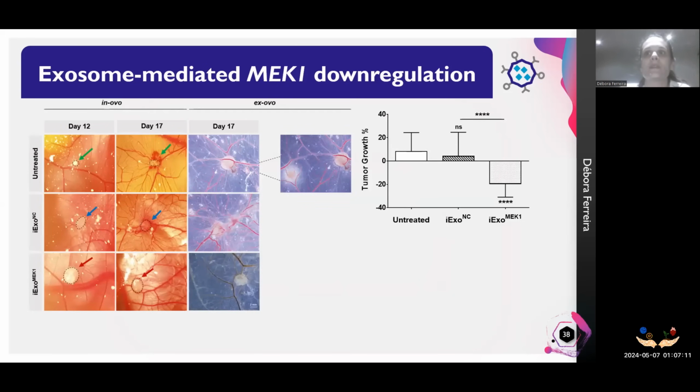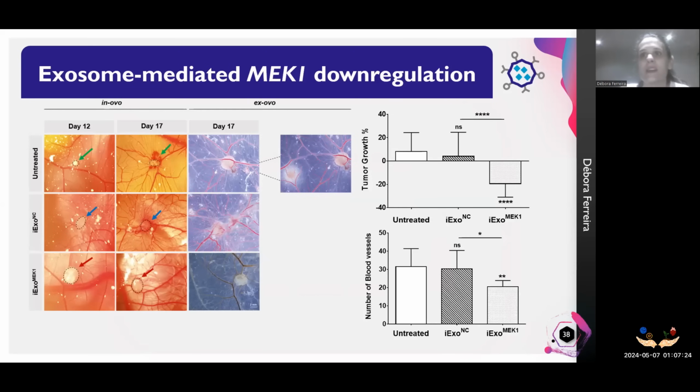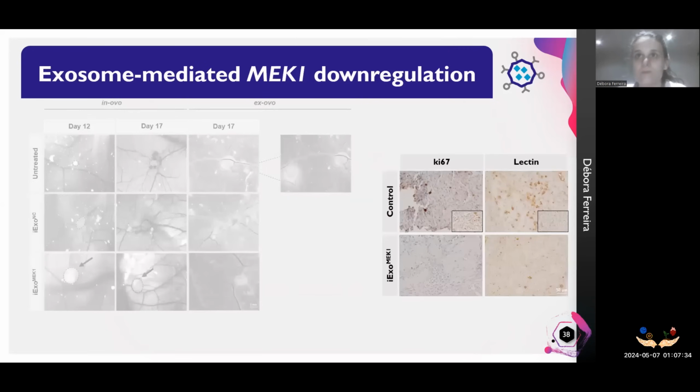What we observed was that when we treated with exosomes modified with SCI-MEC1, as we can observe here, there was a clear reduction in the tumor size, as well as in the number of blood vessels in comparison with controls, highlighting the capability of exosomes as carriers of molecules.